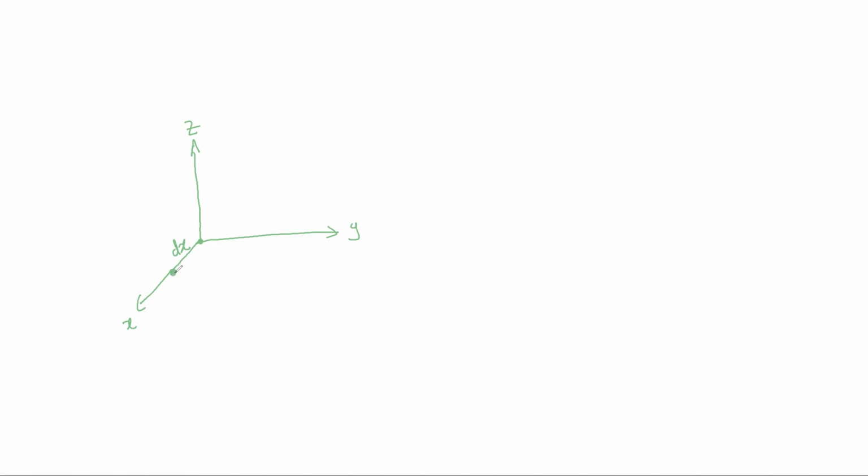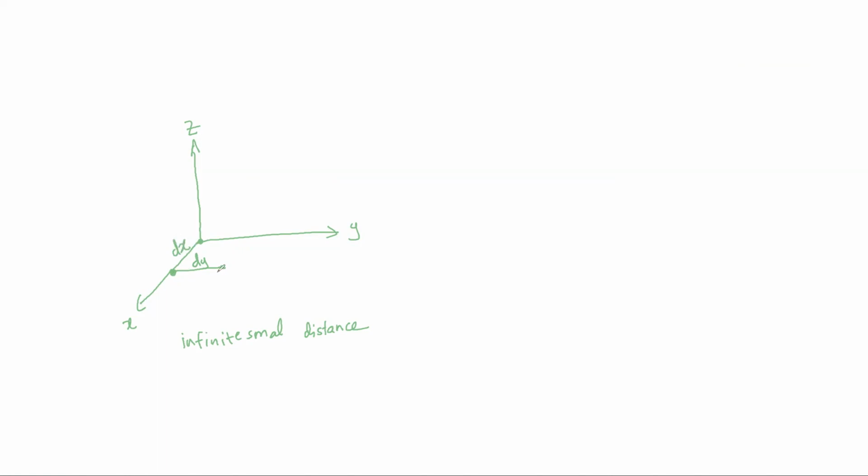Since we are now here, we need to go parallel to the y-axis a distance of dy. Remember, we are only going an infinitesimal distance along each axis. Infinitesimal distance means a very small distance along that axis. The very small distance we define using dx.